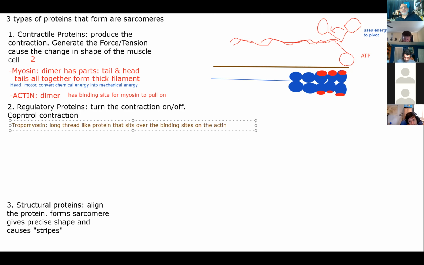So there's this big, long thread-like protein called tropomyosin that basically sits over the top of the actin, blocking the binding site, not allowing the myosin to grab onto it.